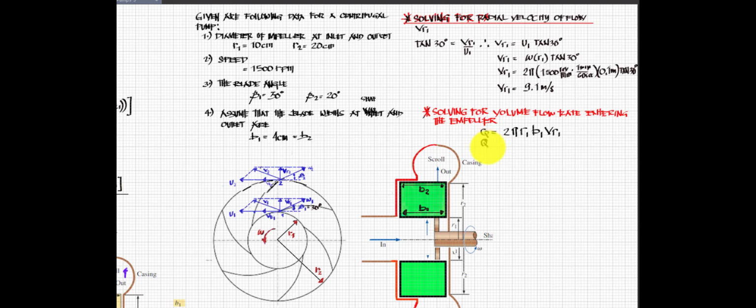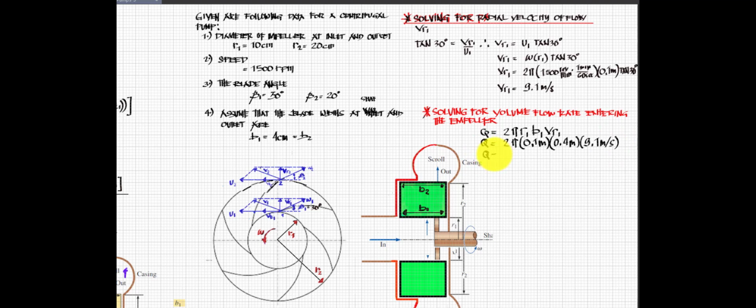Q is equal to 2 pi, times the radius 1 of 0.1 meter, times the thickness of 0.04 meter, times the inlet velocity of 9.1 meters per second.